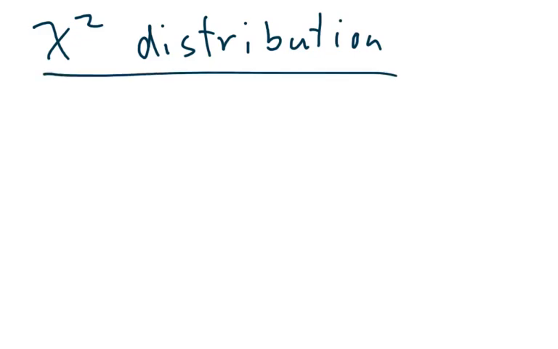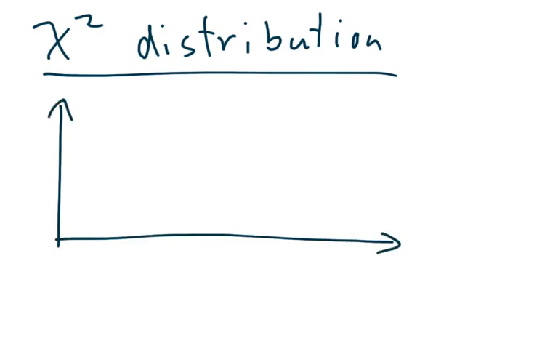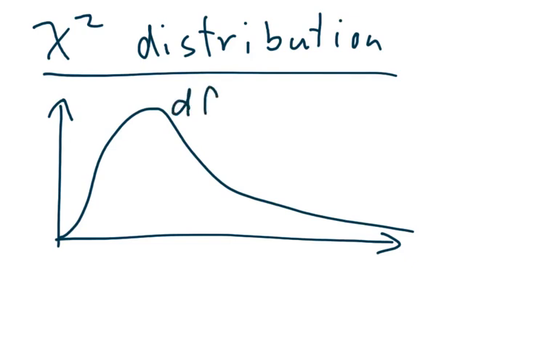So we're just going to review a little bit about the chi-squared distribution. It is similar to the T distribution in the sense that it is a whole family of curves based on degrees of freedom. So if we have a different sample size, then we are going to be using a different graph, essentially a different size and shaped graph for our chi-squared distribution.